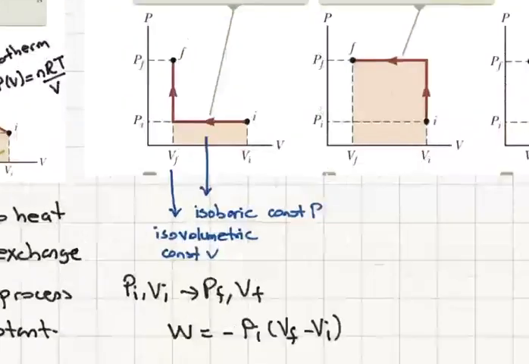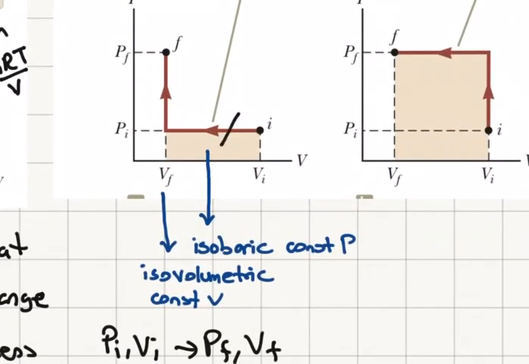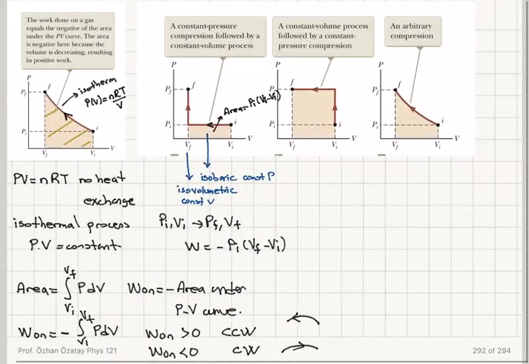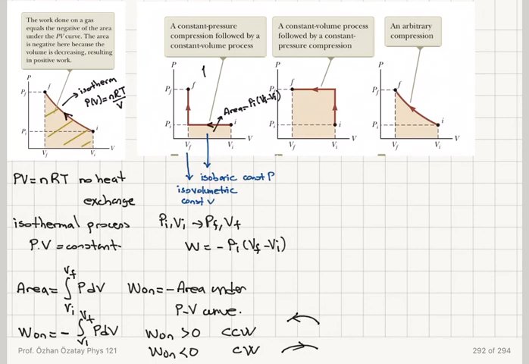The area under this curve, if I calculate it in this direction, is going to be equal to P initial times (V final minus V initial). However, the work done is going to be minus P initial times (V final minus V initial). So that's the work done in this process. Let's call this process 1.